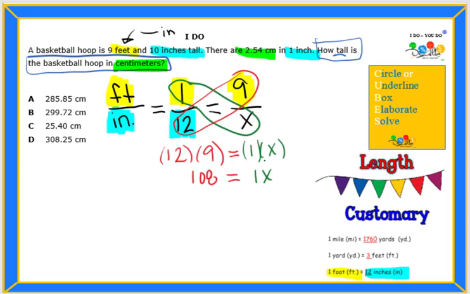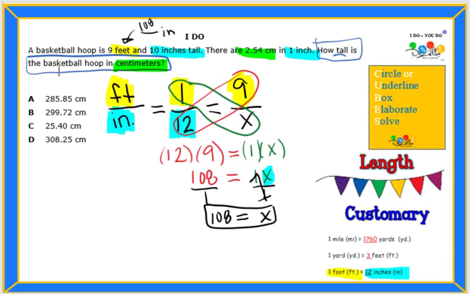Remember, I'm trying to isolate my x, so if I divide by 1, I have to divide by 1 on the other side. 1 divided by 1 is just x, and 108 divided by 1 is 108. So we figured out 9 feet equals 108 inches.